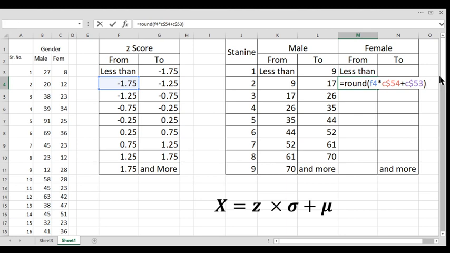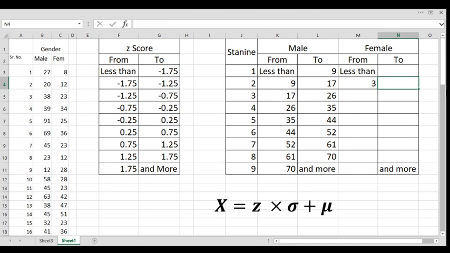After this we have to put a comma, and then we have to write 0. 0 indicates that after the decimal point we do not want any digit. It means we want here the result in whole number. So it is 3.